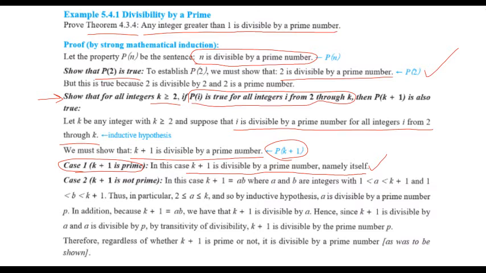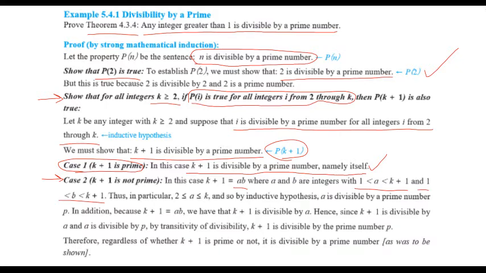Now let's focus on the second case, which says k plus 1 is not prime. In this case, since k plus 1 is not prime, it's a composite number, so it can be written as the multiplication of two integers a and b, such that both a and b are not equal to 1.